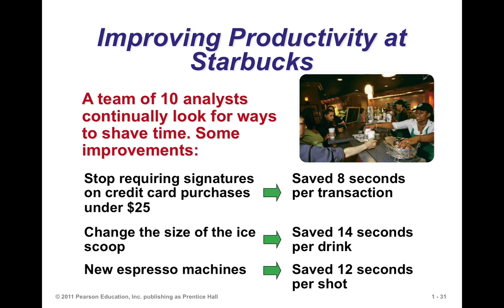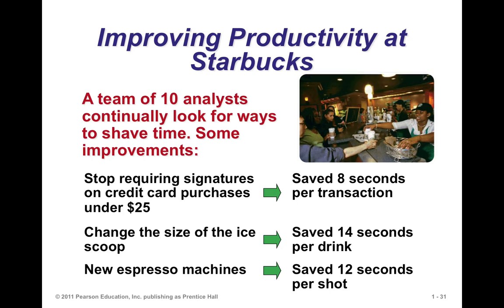So let's just take a look here at productivity at Starbucks. And some of us actually drink Starbucks coffee. Well, to improve productivity, that means getting more people in the facility and out of there as quickly as possible. So you want to reduce your labor input for the same level of service. So stop requiring signatures on credit card purchases under $25.